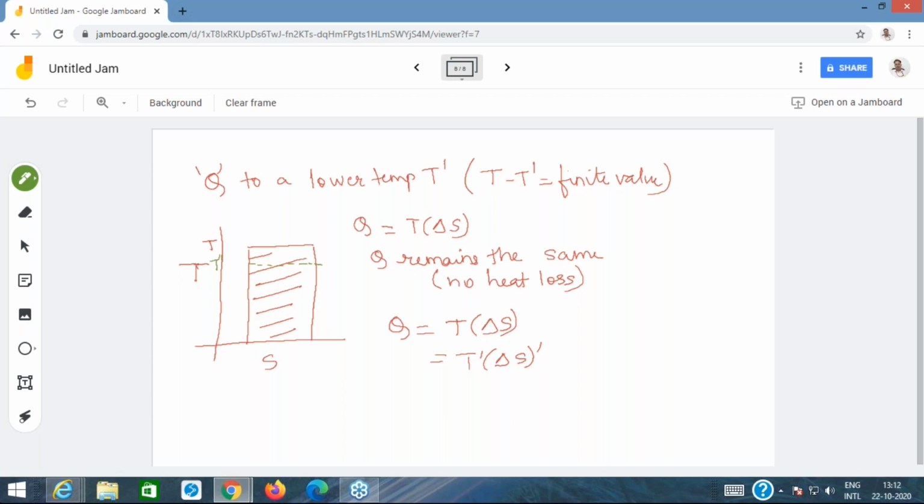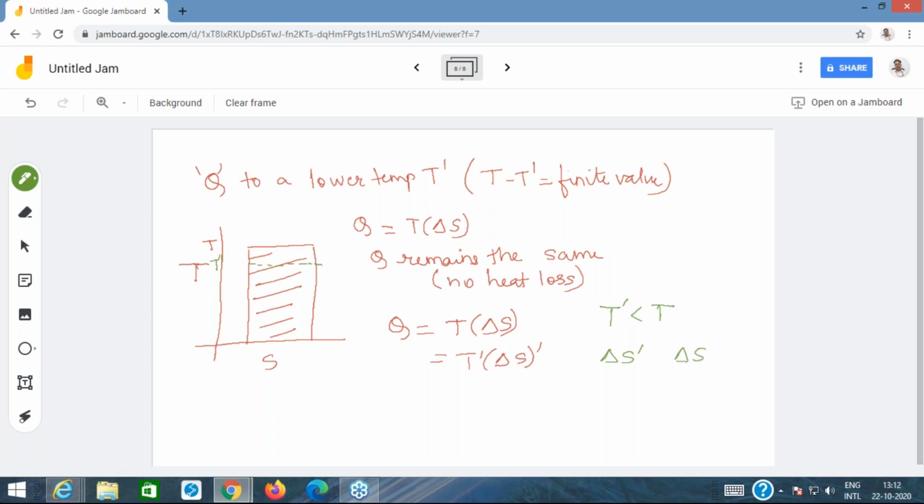We know for sure that T dash is less than T, which is what we had assumed, that heat is transferred to a lower temperature. But we don't know about delta S dash. What is the relationship between delta S dash and delta S? That we don't know.